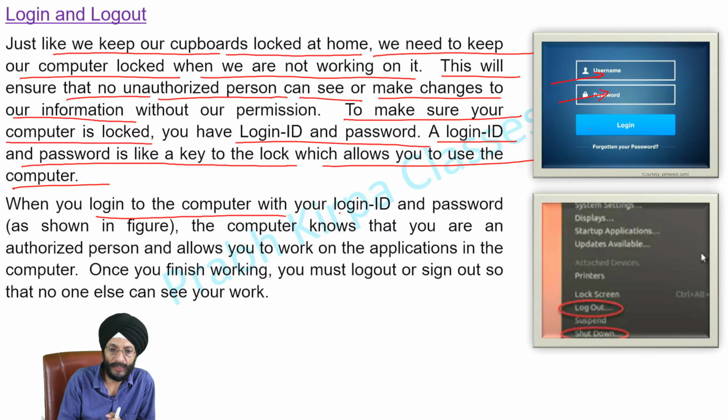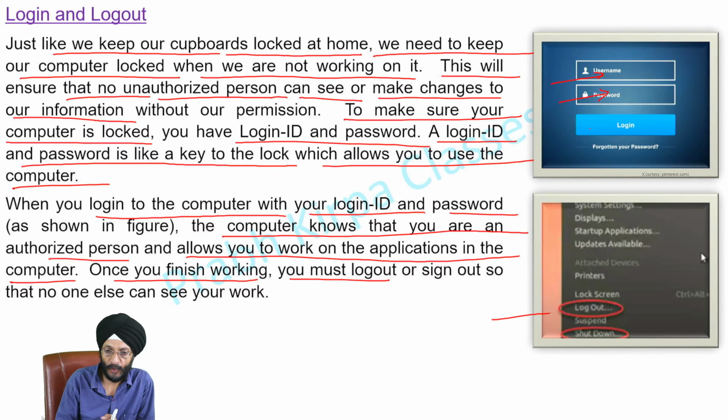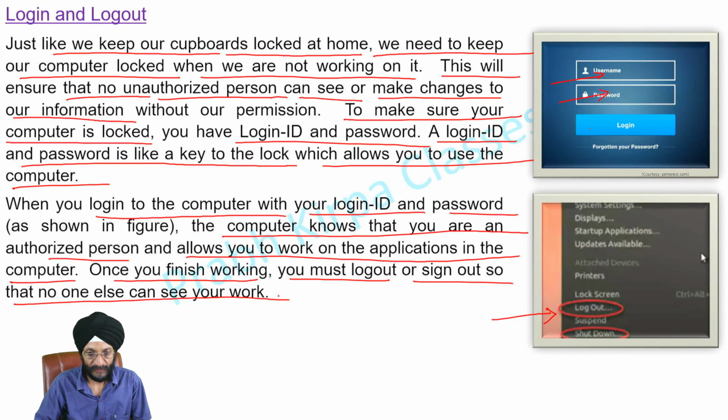When you log into the computer with your login ID and password, the computer knows that you are an authorized person and allows you to work on the applications in the computer. Once you finish working, you must log out or sign out so that no one else can see your work.